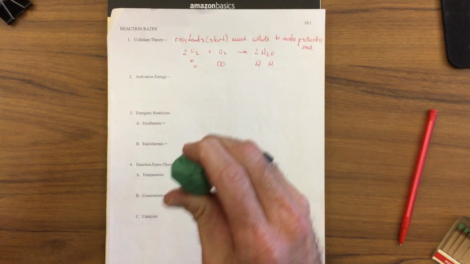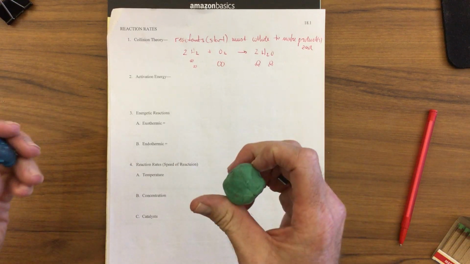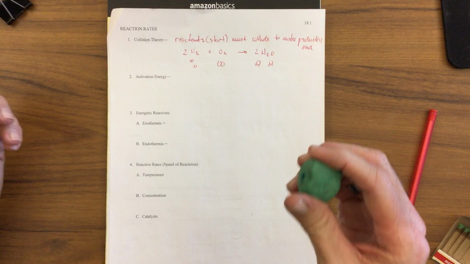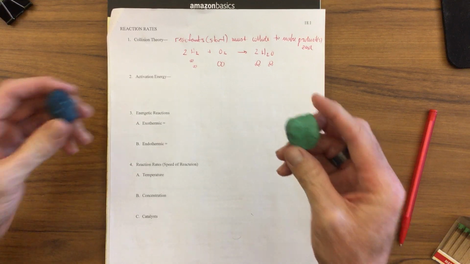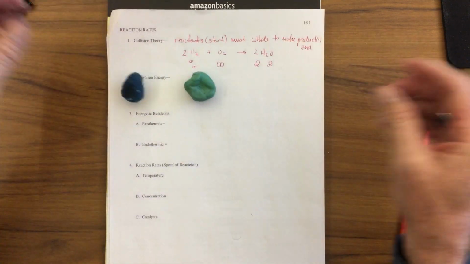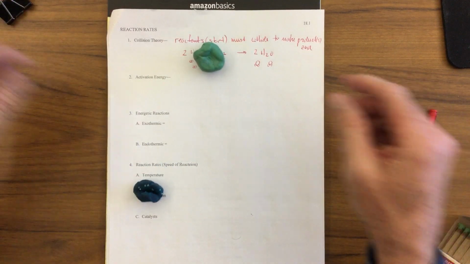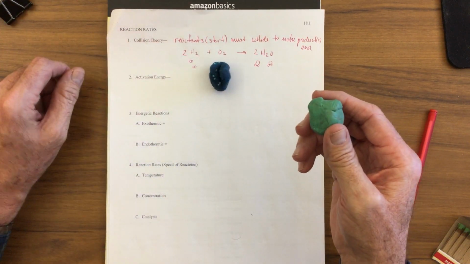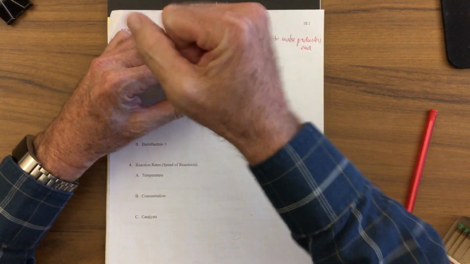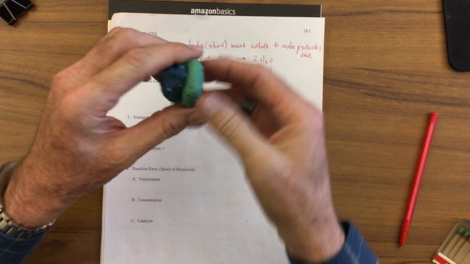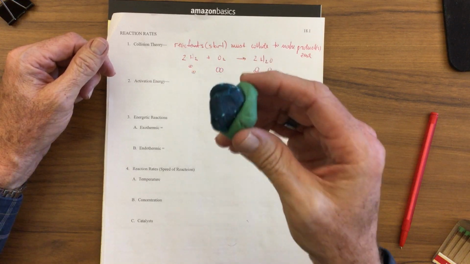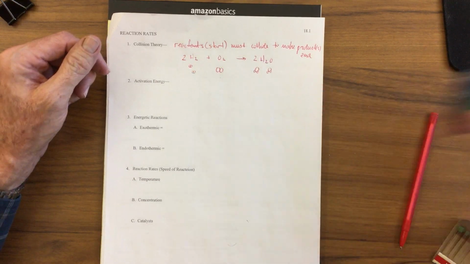But back to this. However, collision alone is not enough. We need to have what's called activation energy. So if I have these 2 things, just by them colliding does not make them connect with each other. What do I have to do? I have to take these and kind of smash them like that. Now they're actually a new compound, but I had to add this extra energy for that to happen.